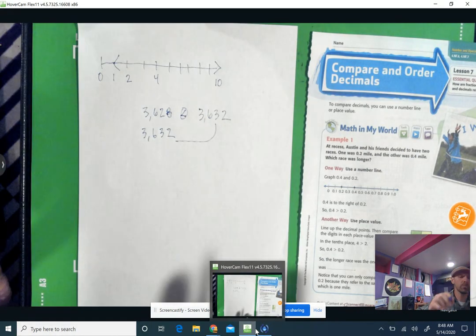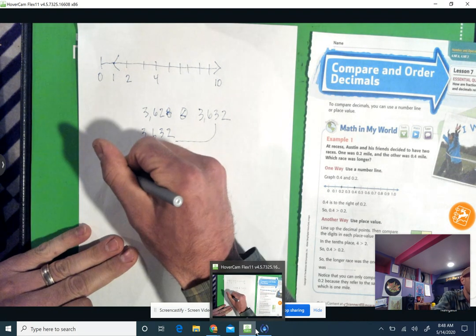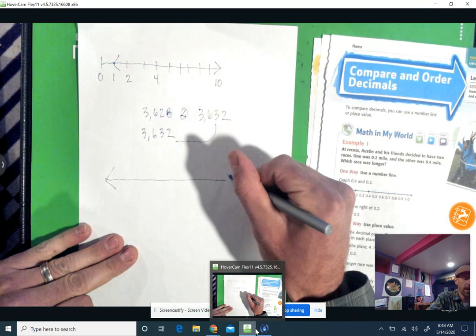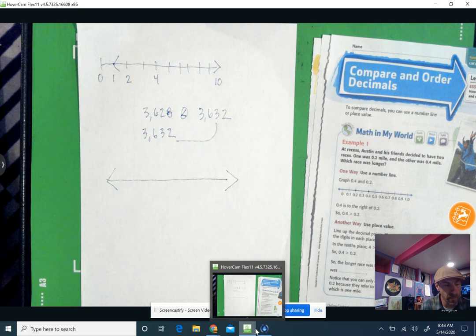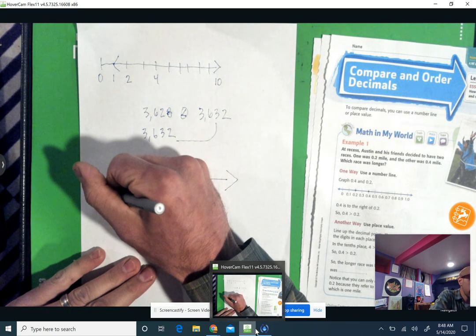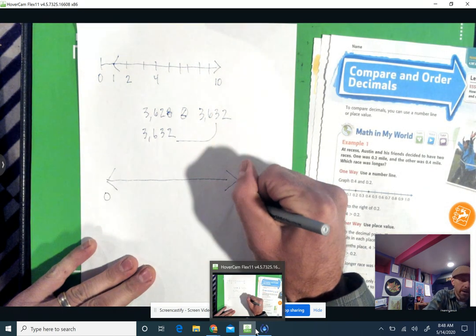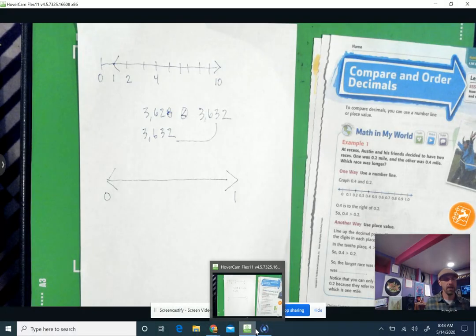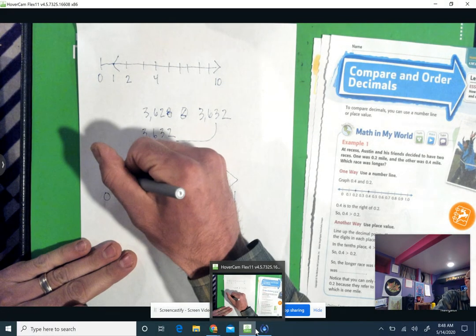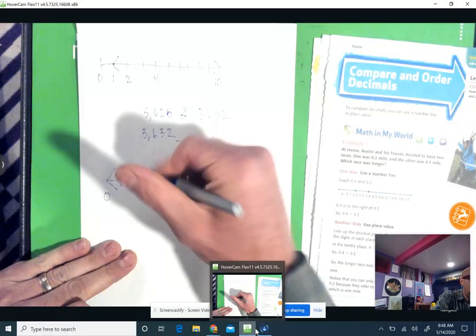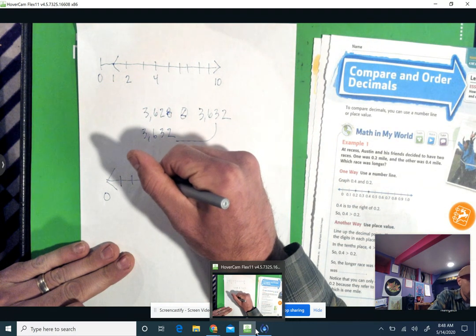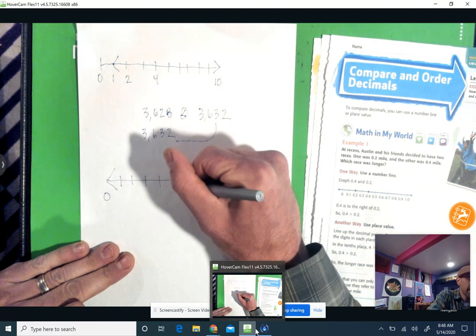Today, because we're comparing and ordering decimals, we are going to be working with a number line that is between 0 and 1. And that's it. So now we're dealing with numbers that are smaller than 1, but still greater than 0.